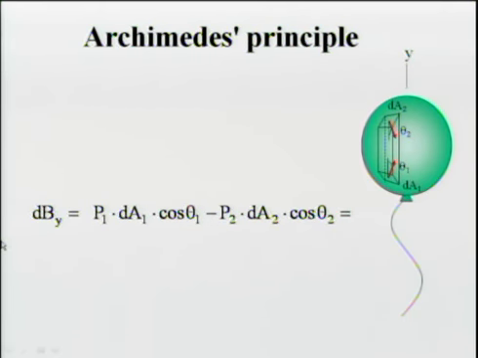Multiplication is commutative, so I can multiply this area by cosine and this area by cosine.